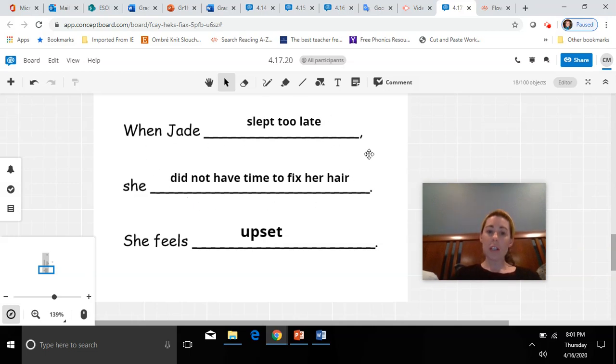The resolution to the problem doesn't always mean that the character is happy. Because we don't always respond to a problem in a way that makes us feel better. Let's try another part of the story because I know that Jade had more than one problem.